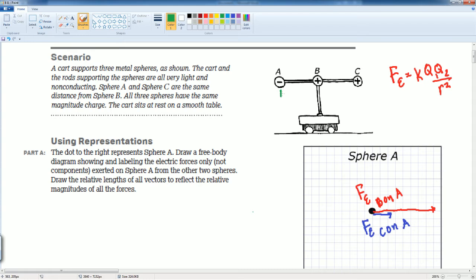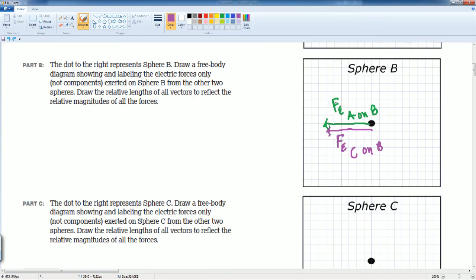So notice the R value here that pushes this object to the left is the same R value to C, which is also pushing it to the left. That is why I drew them with the same magnitude vector for sphere B.